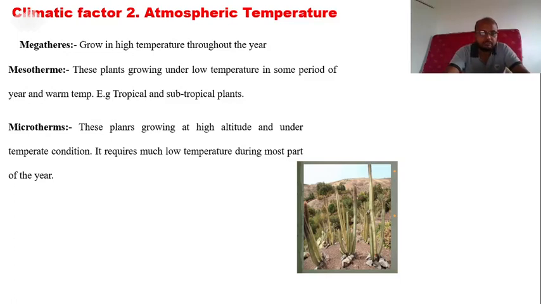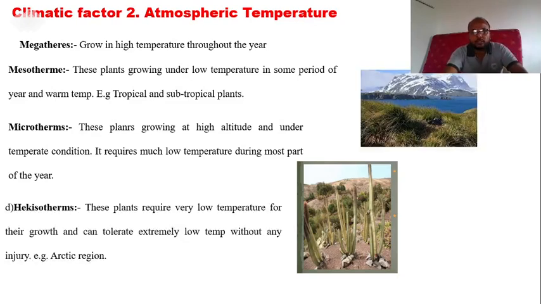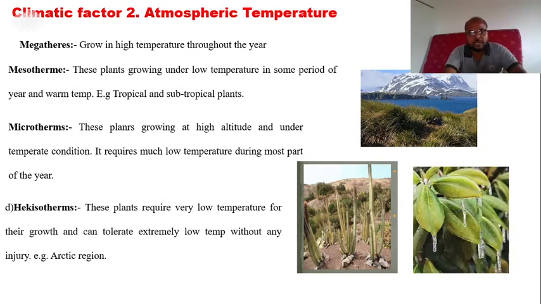The third type of plant is the microtherm. These plants grow at high altitude and under temperate conditions. That means they require low temperature during most of the year. Such plants are called microtherms, and they are also plants which grow at high altitude. Next is the hekistotherm. Hekistotherm plants require very low temperature for their growth and can tolerate extremely low temperature without any injury.